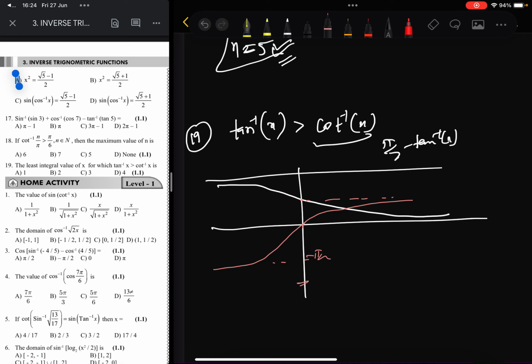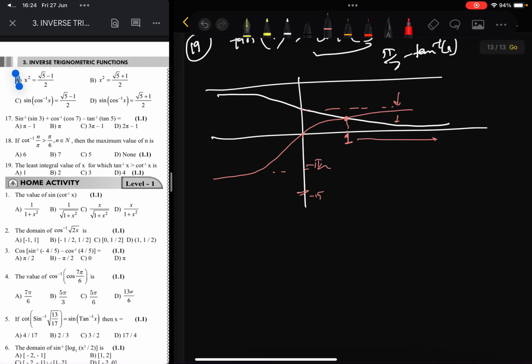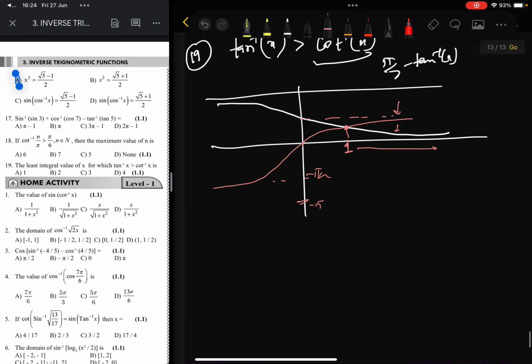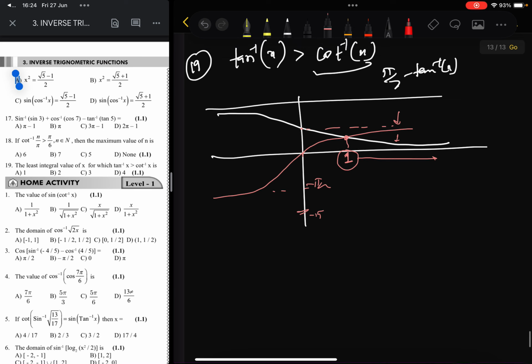This is minus pi by 2, this is minus pi. So here tan inverse x is greater than, that means this is pi by 4, this is 1, right? So not including this point. So from 1 to infinity tan inverse x will lie above this cot inverse x. So from 1 to infinity this tan inverse x is greater than this one, least integral value of x. But 1 is not included here, as you can see the equal to sign is not there. That means the least integer will be 2. So 2 is the answer.